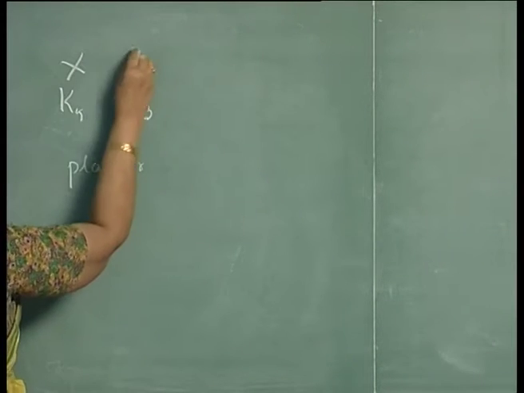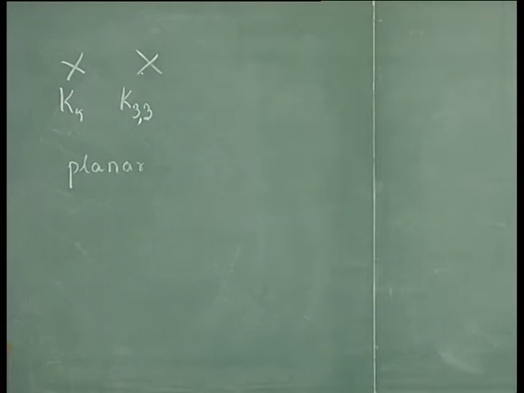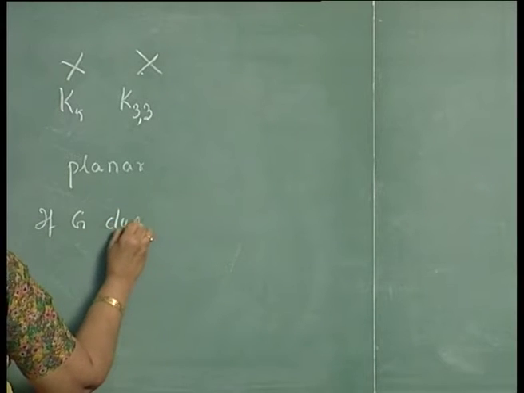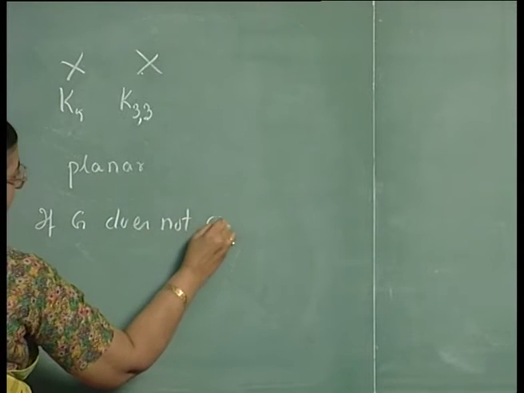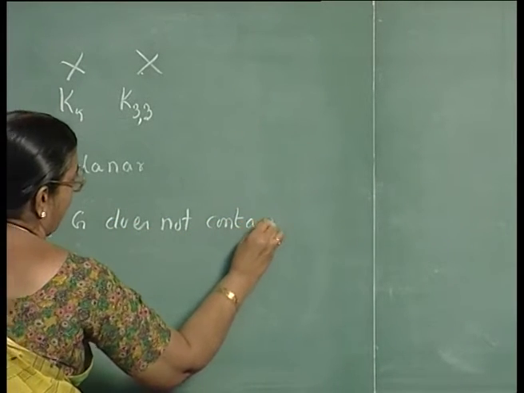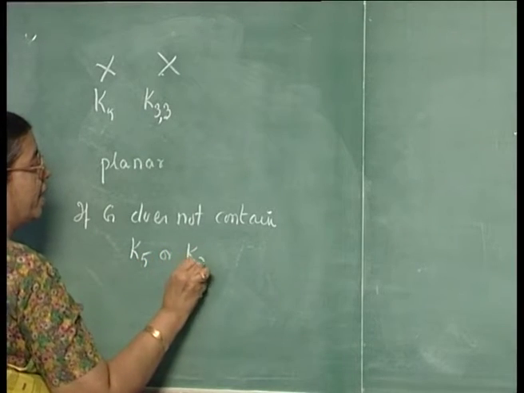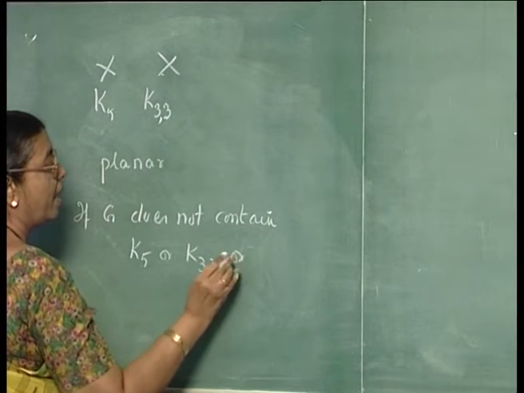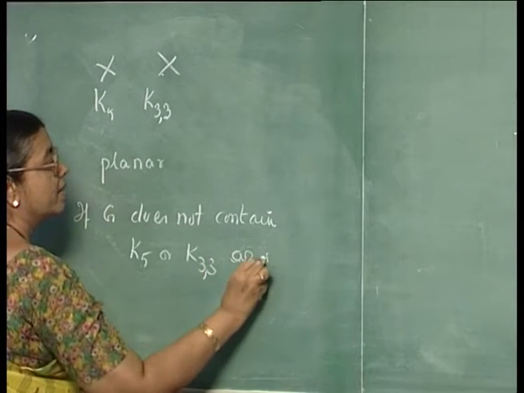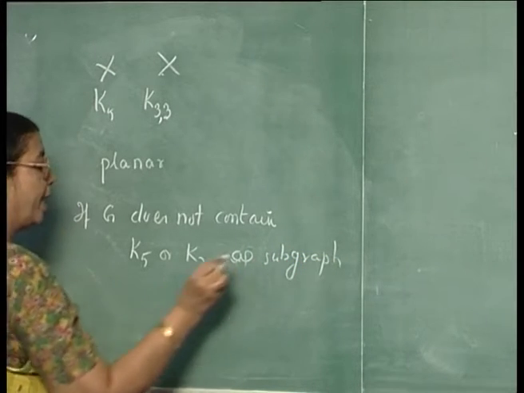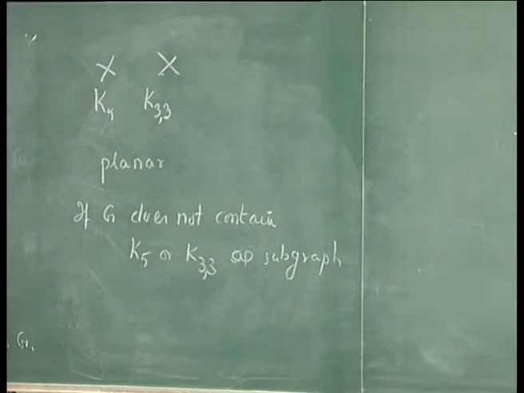If G does not contain K5 or K33 as subgraph or any graph homeomorphic to it, then it will be planar.